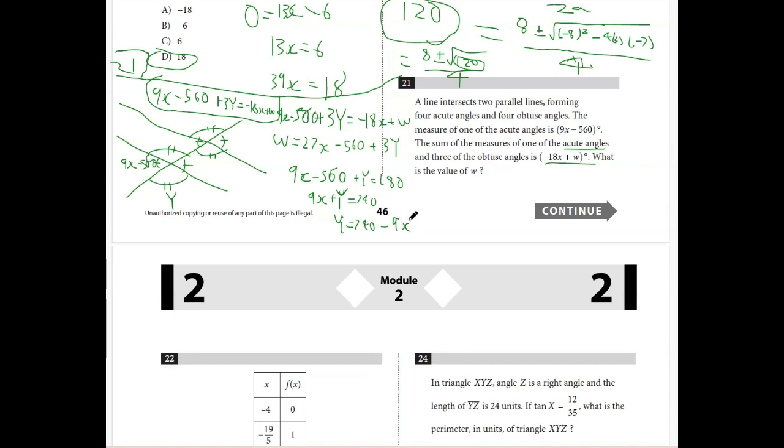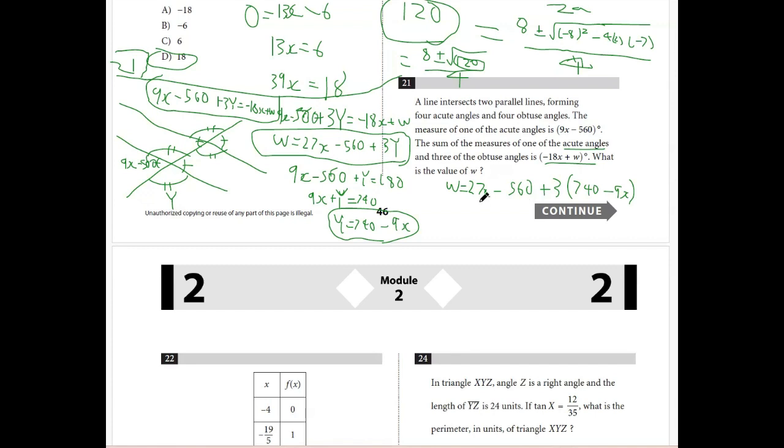And we know that for the w here, w is this guy over here. And we need to put y. We need to substitute y with what we have over here. So I'm going to rewrite this as w is equal to 27x minus 560 plus 3 over here.